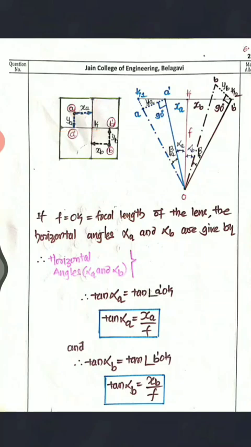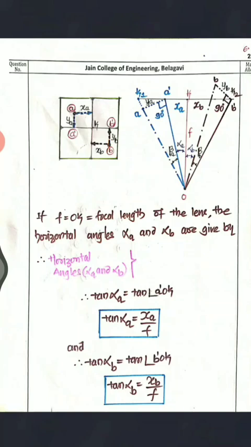Similarly with respect to b, the distance of b from the principal line is XB, and the distance between b and the horizon line we call YB. Here I have shown YB.